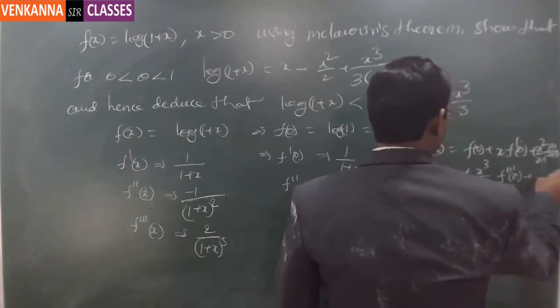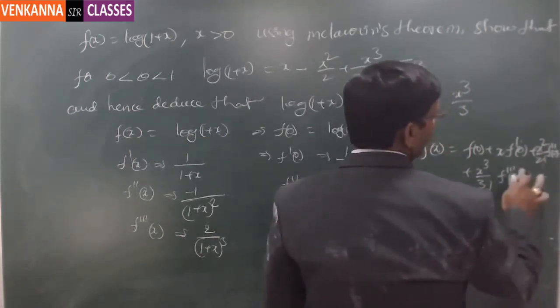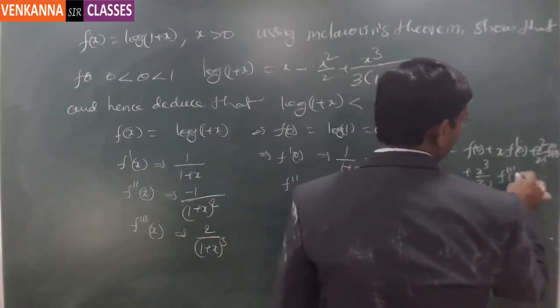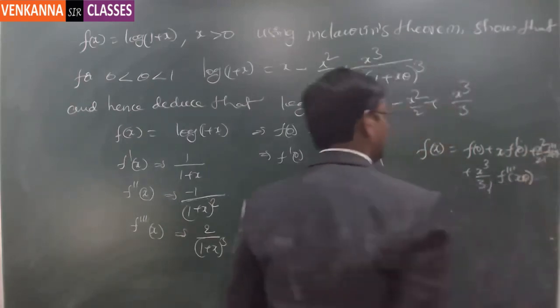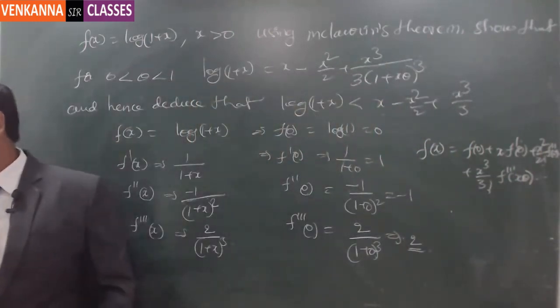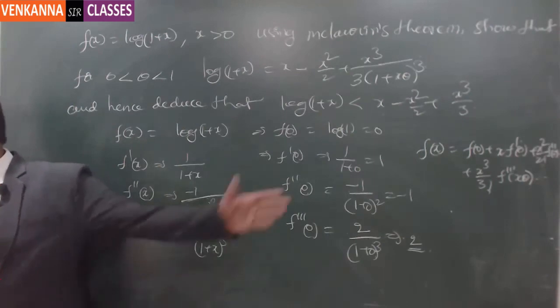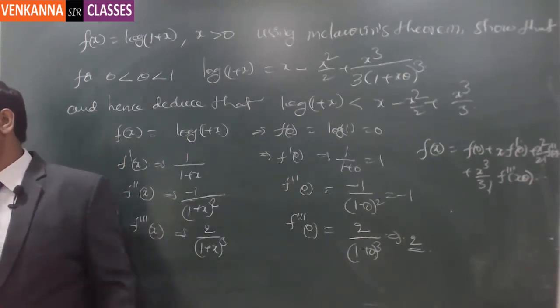So like this, actually you can expand till the nth derivative, right? Now if you want to keep it here itself, then you have to keep x theta. This is in the remainder format. Got it? I hope everybody is aware of that Maclaurin series. Clear?